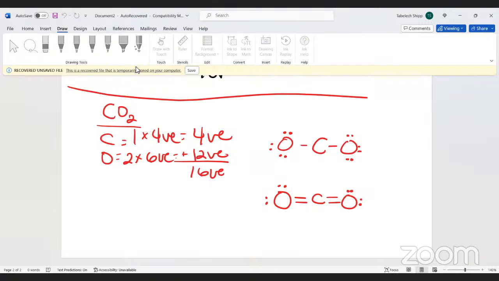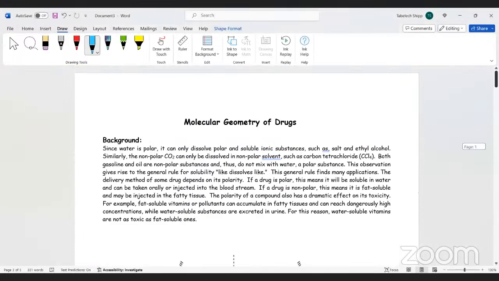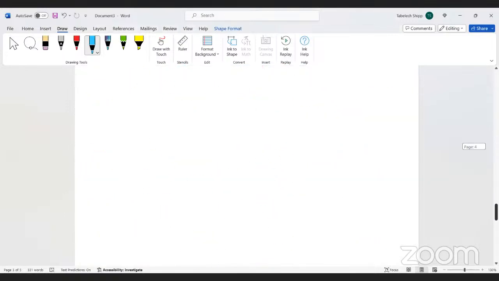It's similar to the periodic table, but slightly different. Let me double check. Nope. Okay, I'll pull it up tomorrow.